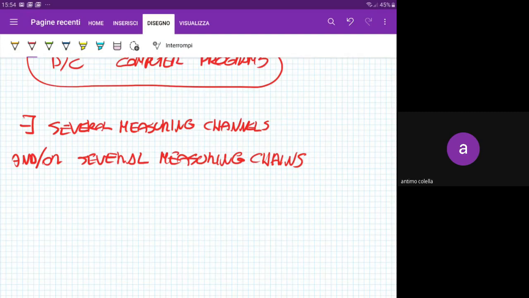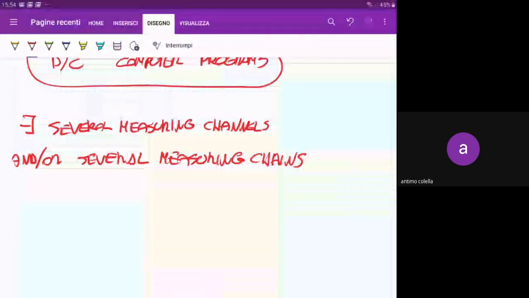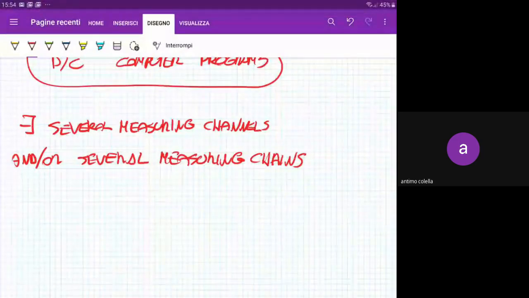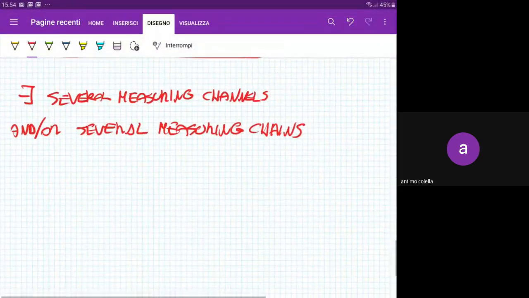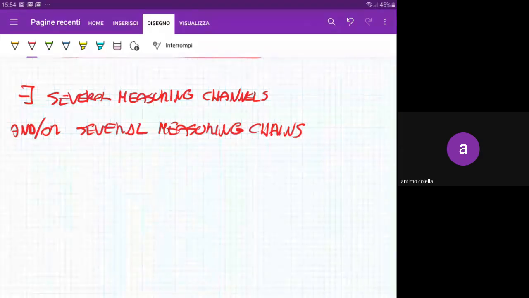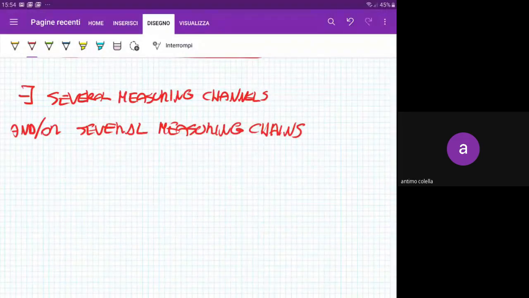Everything is going to feed your data acquisition system in a different way. Now the point is that the analog to digital converter is something that is very costly, actually, because if you want something of high quality, you have to pay for it.